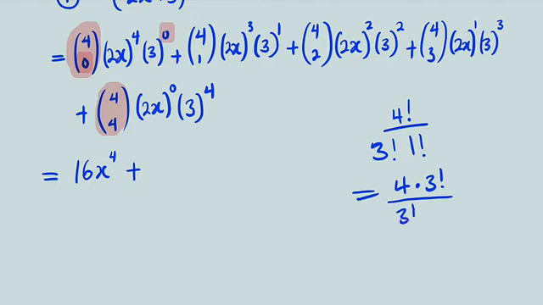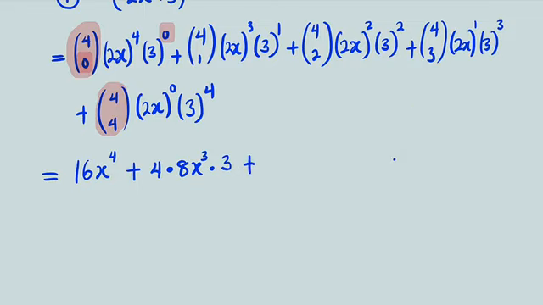So they will just cancel. Times 1 factorial. This will cancel this. Already this is 1. So we have 4 there. And that 4 will have to multiply 2x to the power of 3, which is 8x to the power of 3. Then multiply by 3 to the power of 1, which is the same thing as 3.